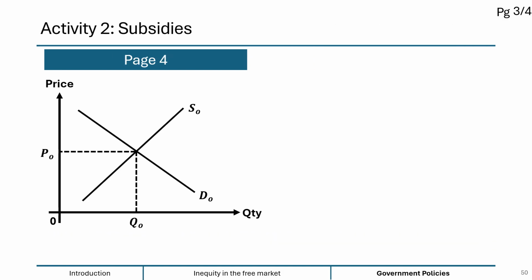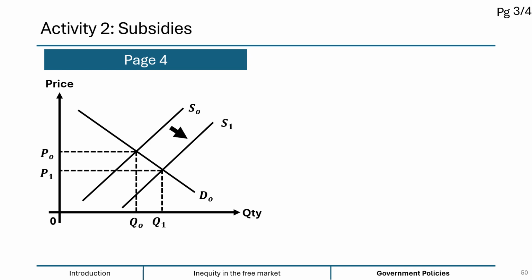So if we look at subsidies first, the graph is on page 4. When I give subsidies, what happens to the supply curve? Does it shift to the left or to the right? Subsidies. Right, raise hands.